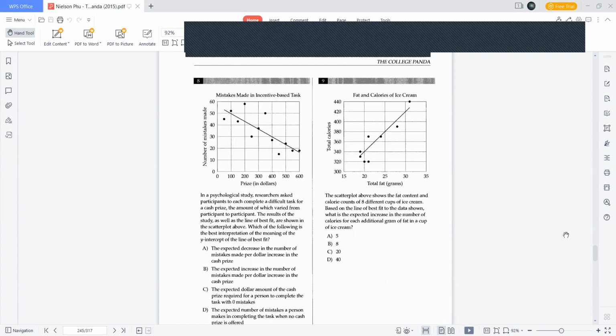On the y-axis, you can see that the total calories go up by 20 each time for additional grams of fat. So if it's asking for the rate of increase, the rate of increase is 20 calories. Okay, does anyone disagree?